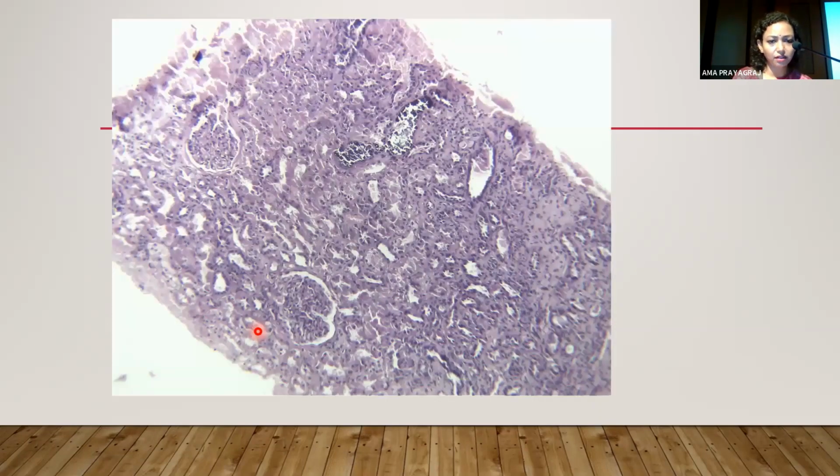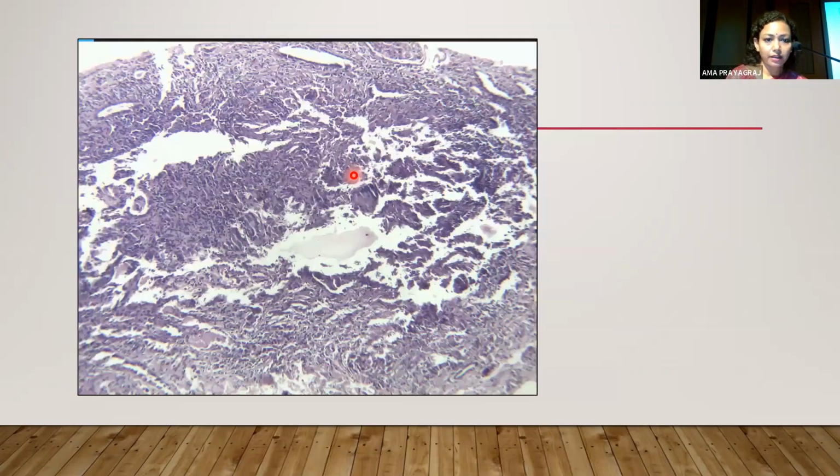On evaluation, the glomerular compartment appeared to be normal. Tubules largely normal, but yes, we could see some calcification within the tubules. These are the intratubular calcification. But while going through the biopsy, there was a busy area in the interstitium, which appeared to be abnormal, not looking very normal.